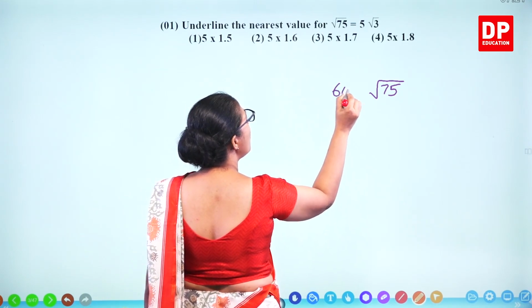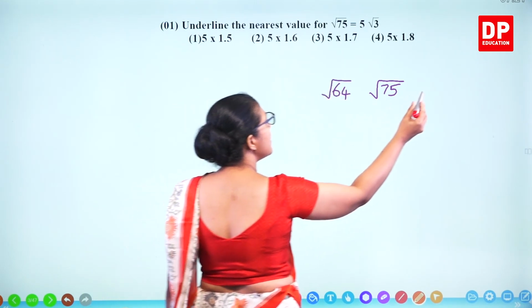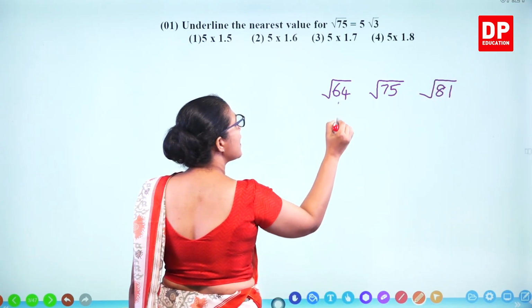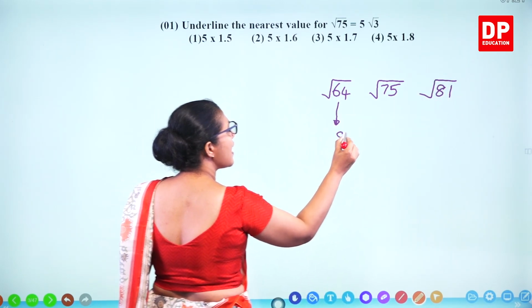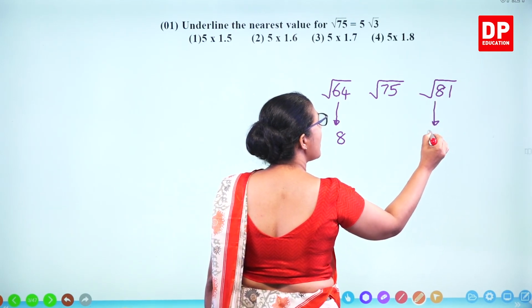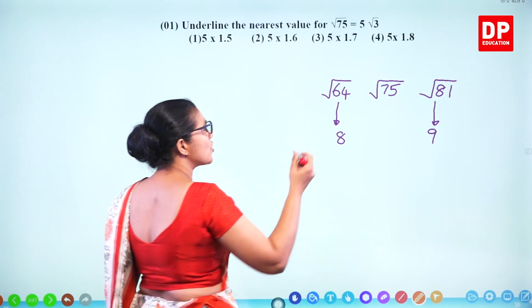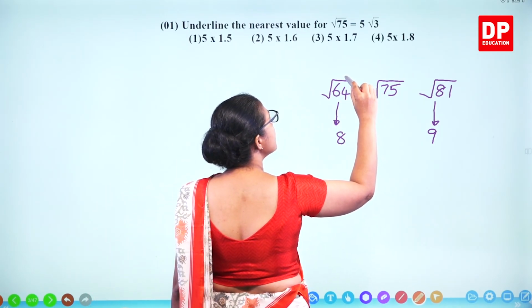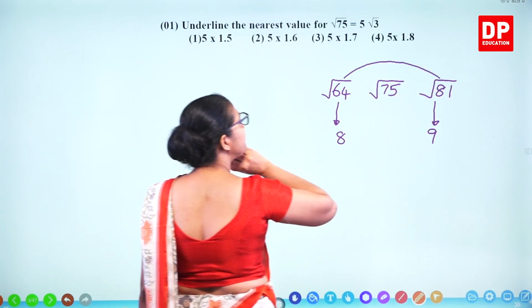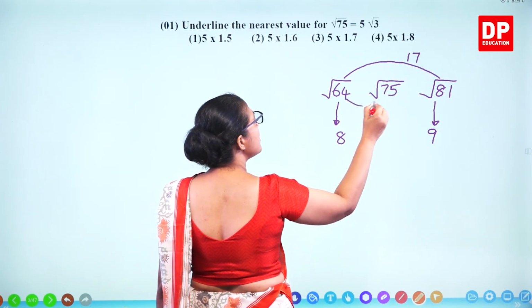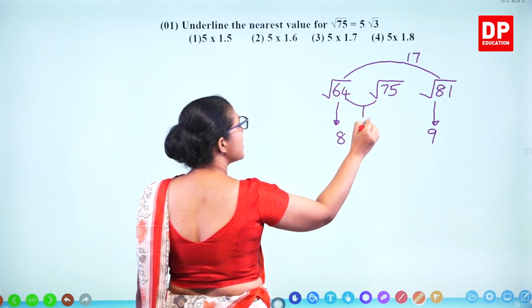So 64 and 81. When you take the square roots, it's 8 and 9. So this is 8 point something. How do we find the fraction value? You get the difference between these two, that's 17, and the difference to this one, that's 11.